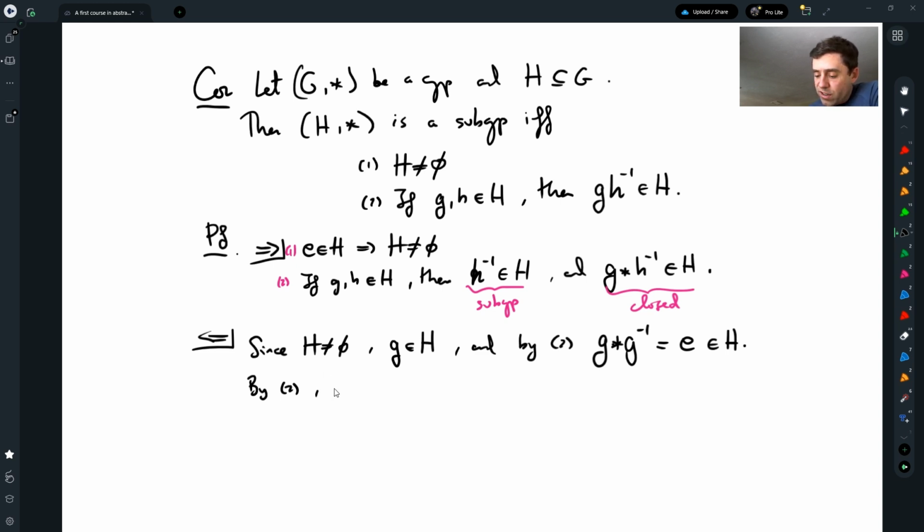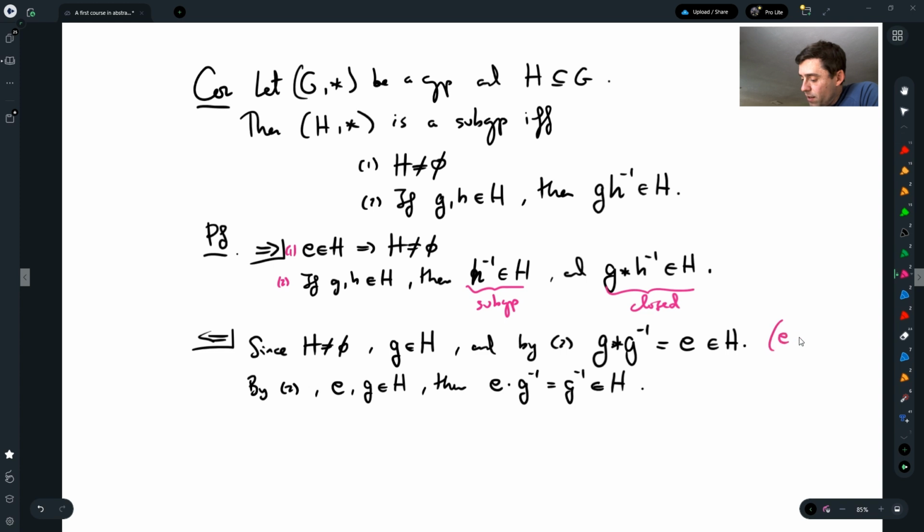So since now we know that e is in H and let's say g is in H, then by 2, e times g inverse must be in H, but g inverse times e is just g inverse, so g inverse is in H. So this tells me that H is closed under inverses.